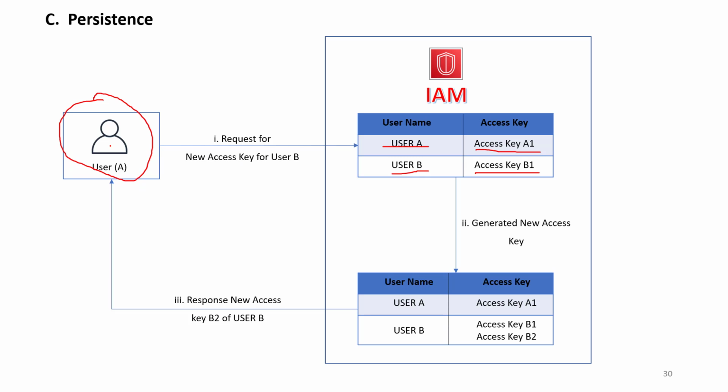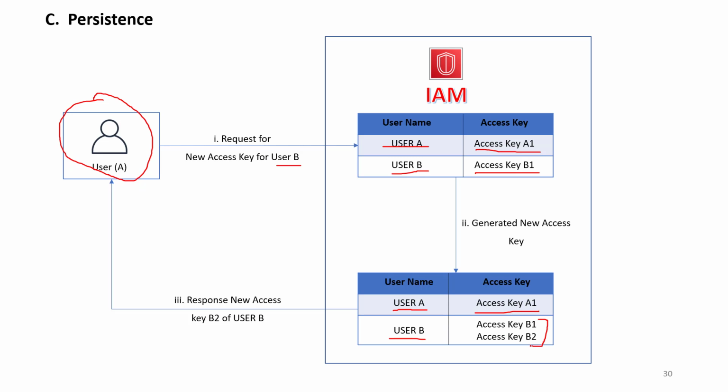I requested an access key. User A has enough privilege to request a new access key for another user, and this is the request for user B's new access key. Once I request it, it will check my privilege. User A has the privilege, so it will create another access key for user B. So you can see here user A has the same access key, but user B has 2 access keys.